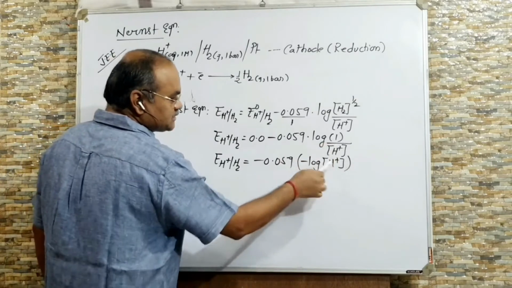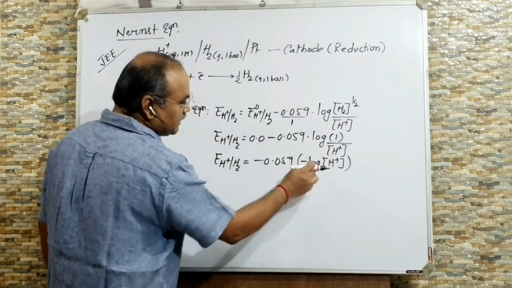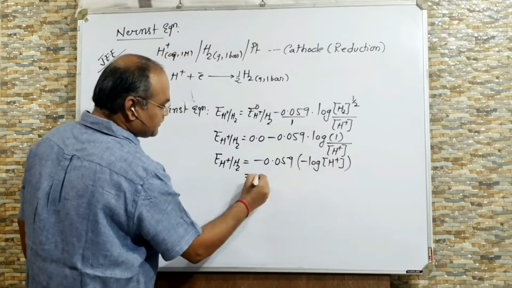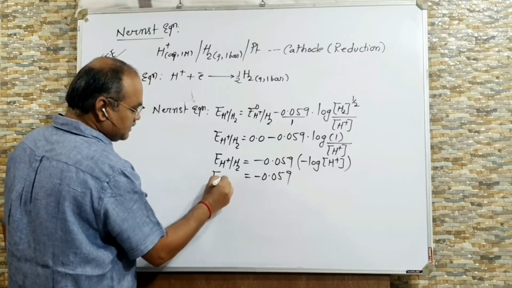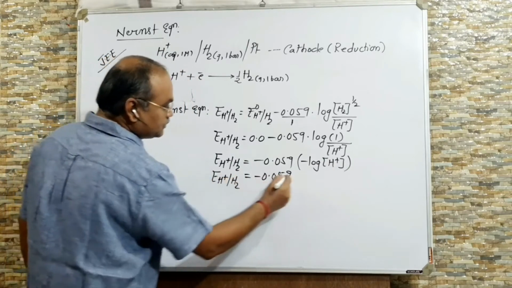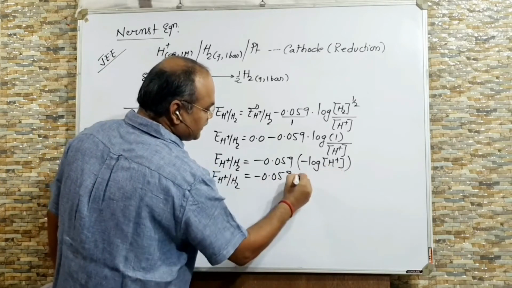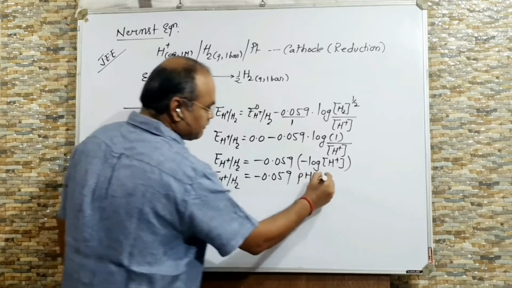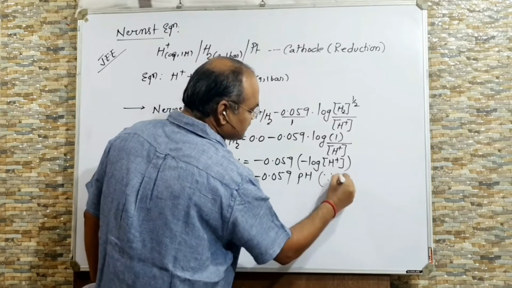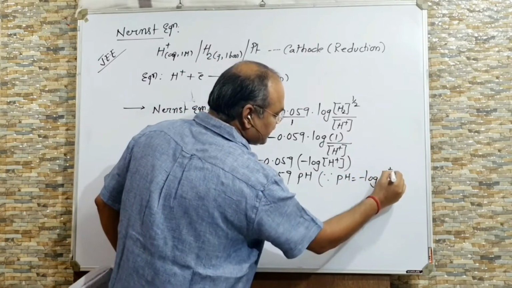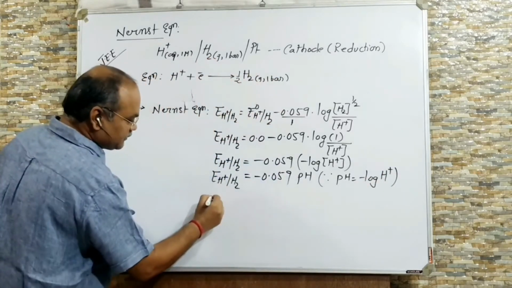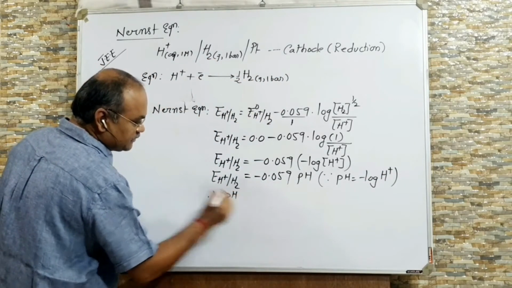Log of 1 by H+ is equal to minus log of H+, and minus log of H+ is pH, because pH is equal to minus log of H+, this we know. So therefore you can convert this formula in the form of pH.